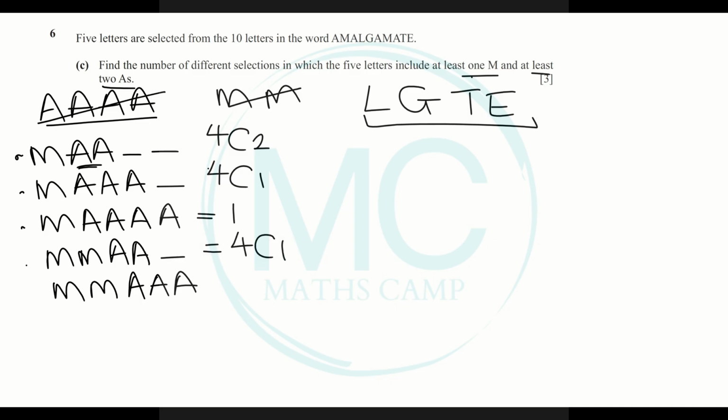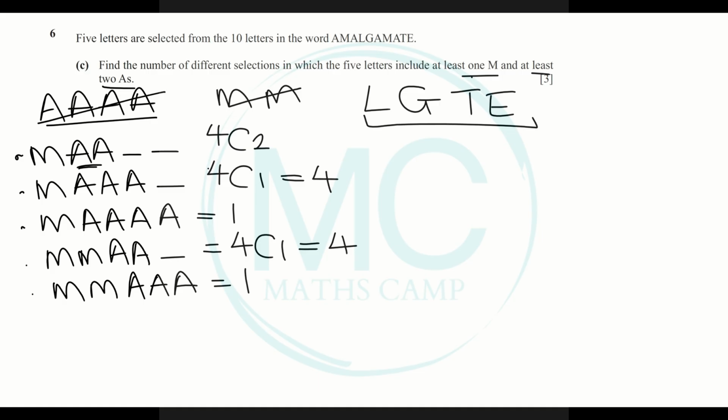For our fifth option, we already have all of our letters, but we need to count this as an option, as a selection. So this is also 1. When working with nCr, if your r value is 1, then nCr is equal to n. So 4C1 is equal to 4 over here and over here.